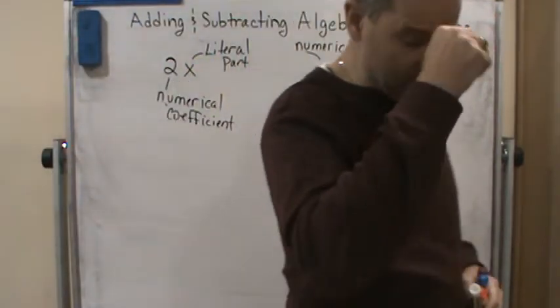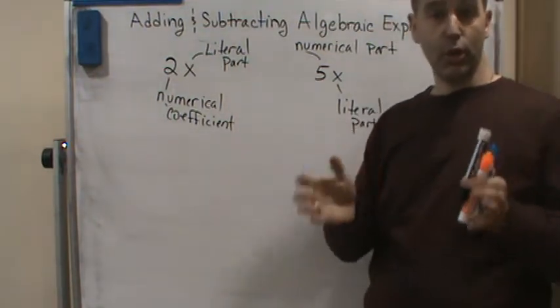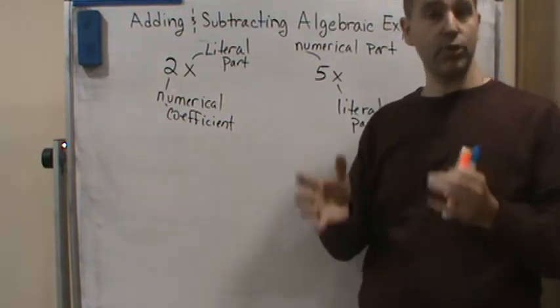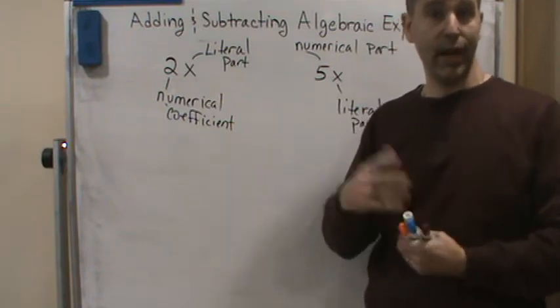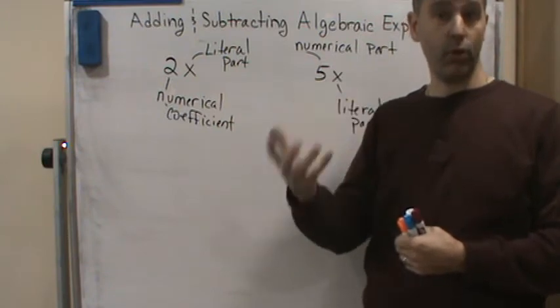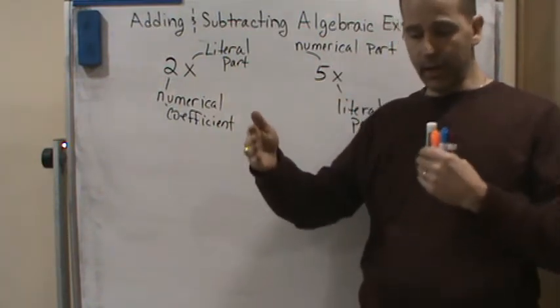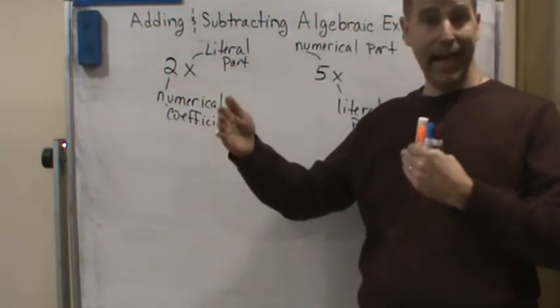Okay, so here's the definition of like terms. Like terms are any two terms, and when I use the word term, it's assumed that you know it's an algebraic expression, that are combined by adding or subtracting.